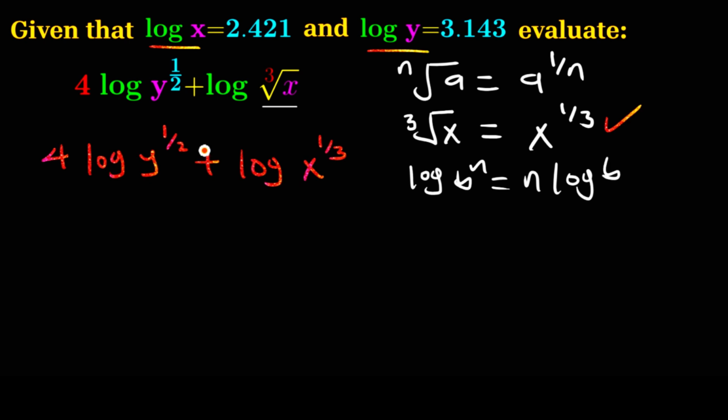So we can write these expressions in that form. So the first one, we're going to pre-multiply by the power. So we have 1 over 2 times 4 log of y plus 1 over 3 log of x.